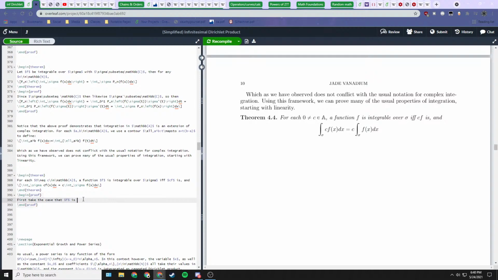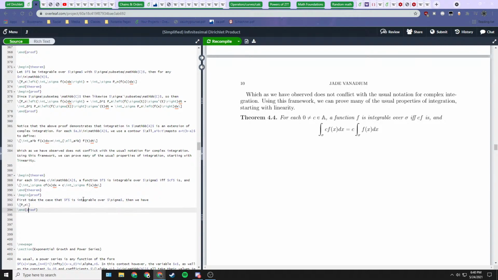Take the case that F is integrable over sigma, then we have P sub n of C F sigma t. This is just the summation over AB equals n of P sub A of C times P sub B of F of sigma t.